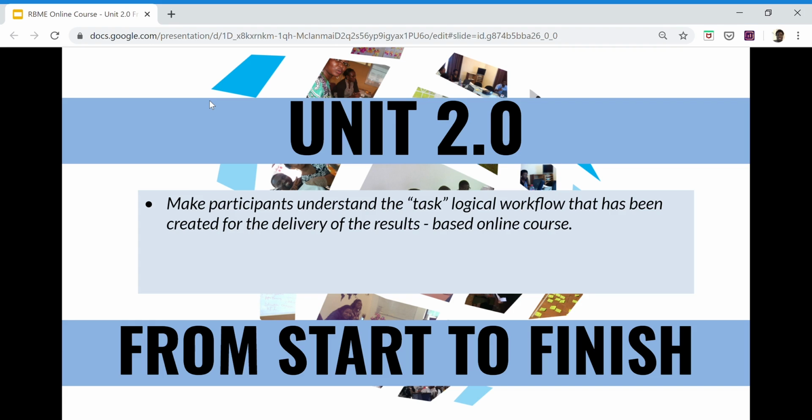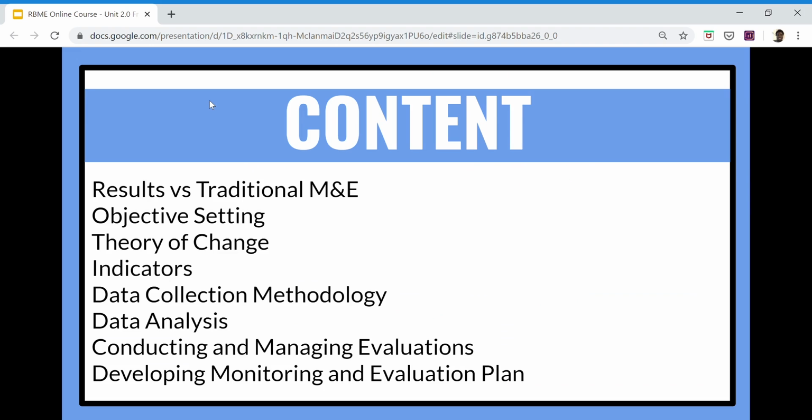It's like connecting all the tasks to make you understand that there's a logical workflow in all this. You might see that these are all the pieces I'm supposed to put inside my monitoring and evaluation plan. So we call it from start to finish.